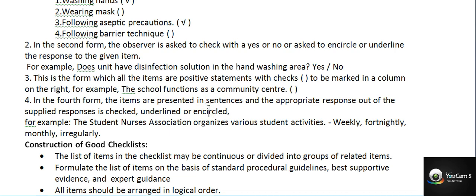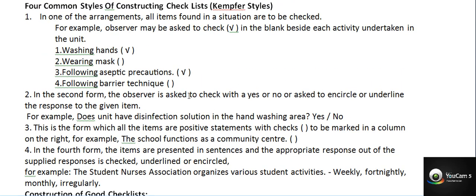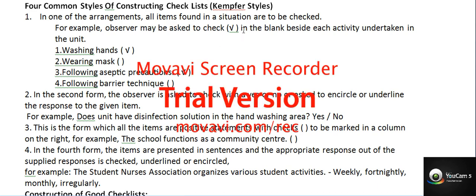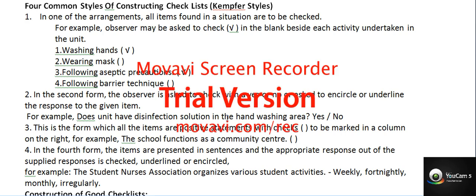You got it? So construction of checklist is of 4 types. One is just listing down the items and you put a tick mark on whatever you have witnessed. The second, you write the statements with yes or no options and you tick, encircle or underline the yes or no. The third style, there will be positive statements given, and whatever statements the people are achieving, you put a tick mark.